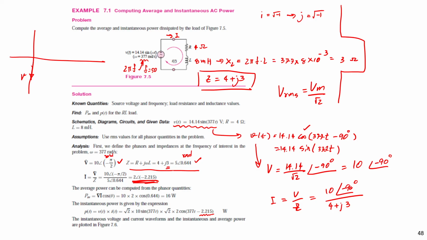So this one is 2 minus 126.9 degree. This is the current. The voltage is minus 90 degree and the current is minus 126.9 degree.